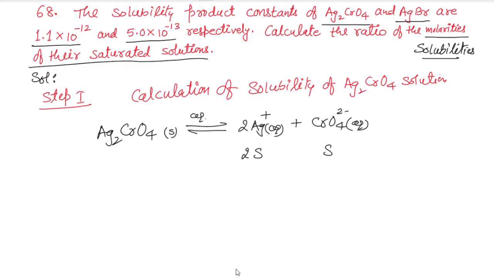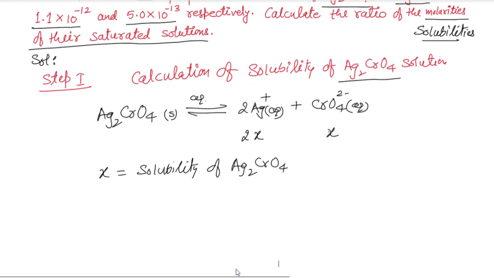What is S? That is the solubility of silver chromate. Let us take it as x, just to differentiate between silver chromate and silver bromide. So x is the solubility of silver chromate, which is the molarity of its saturated solution.